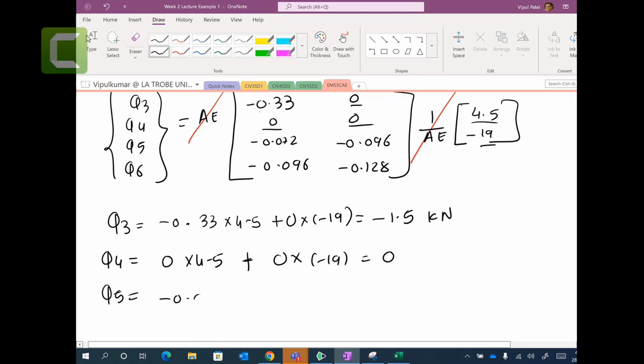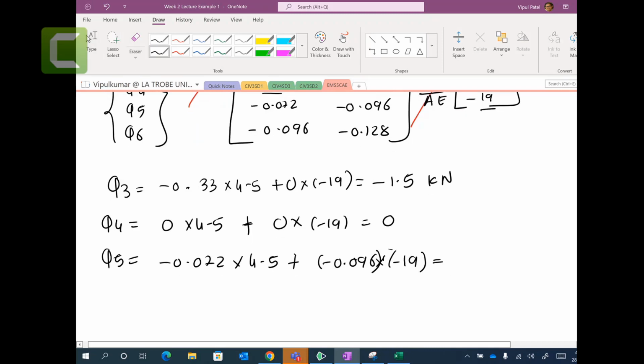Q5: minus 0.072 times 4.5 plus 0.096 times 19, you get 1.5 positive.